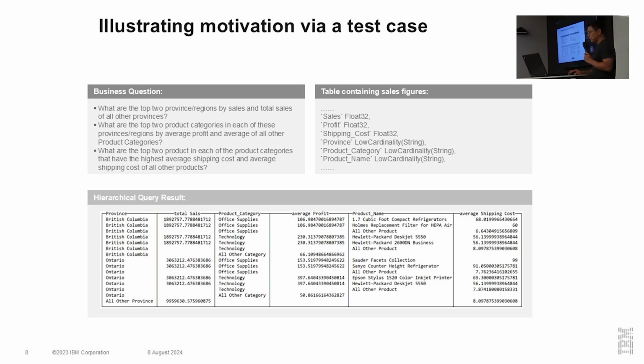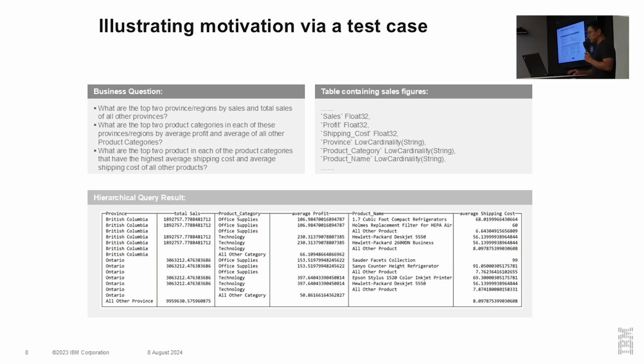Under office supplies, the top 2 products by shipping cost are this cubic foot compact freezer and a filter.